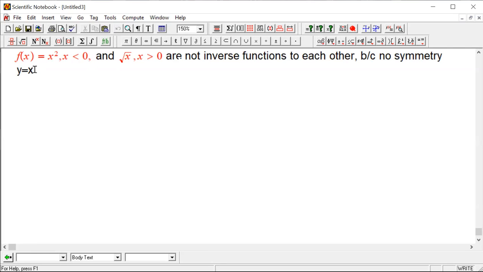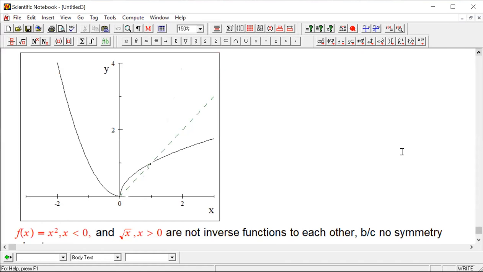Look at this, no symmetry about the line y equals x.